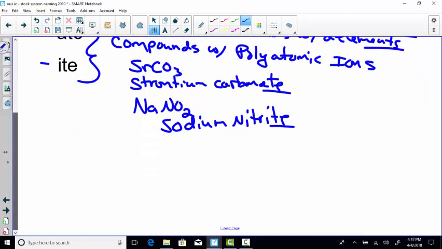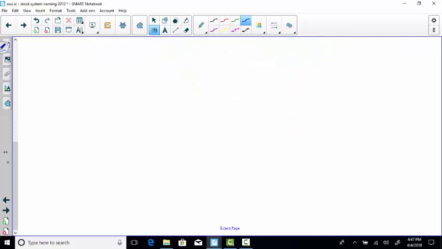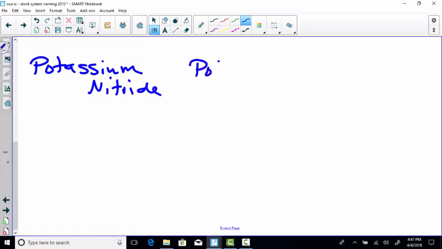So you're going to want to start becoming familiar with those, so when I give you names like potassium nitride versus potassium nitrate, what distinguishes the difference is an ide versus an ate.